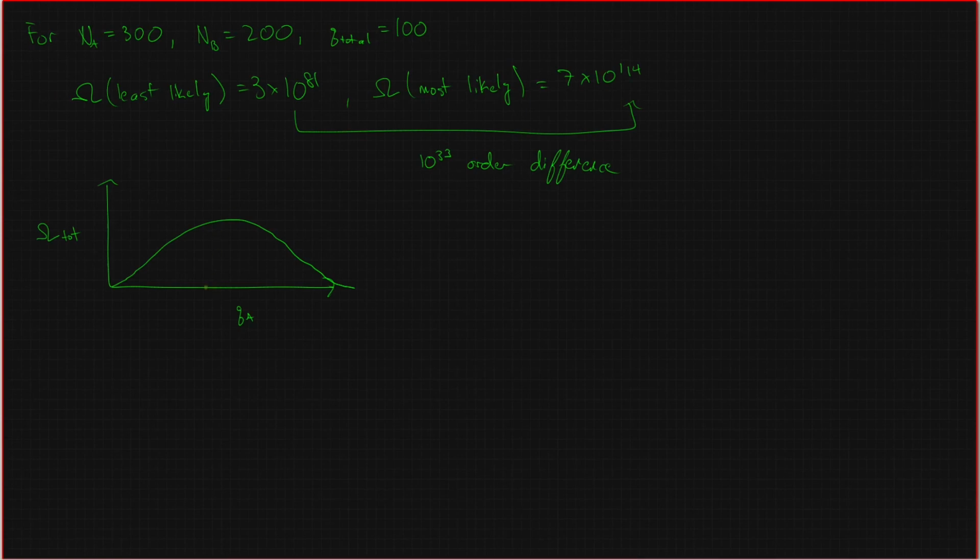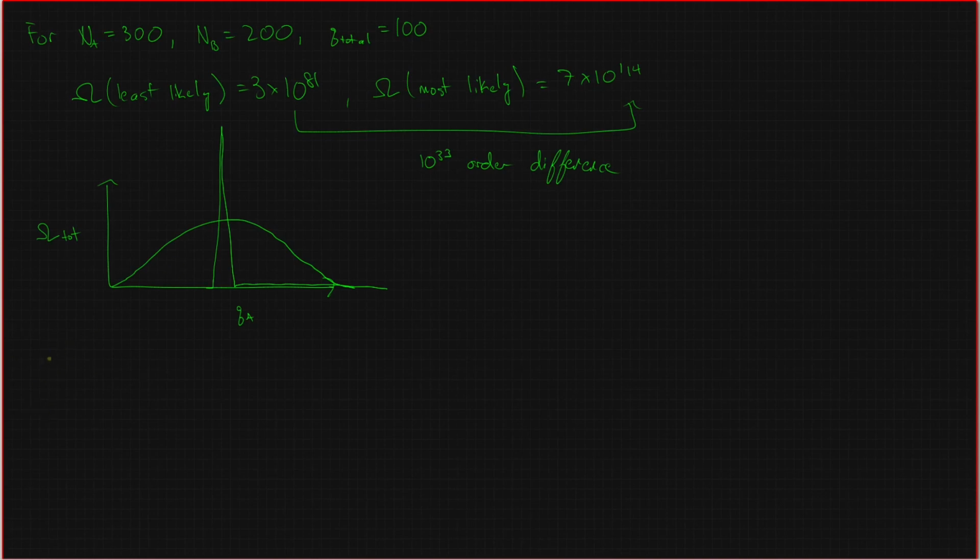It goes to something that looks almost like this. It's just a spike, and then everything else is completely washed out. So that's really the idea we're trying to get across right here: when you have big systems, the most likely state is the only possible accessible state.